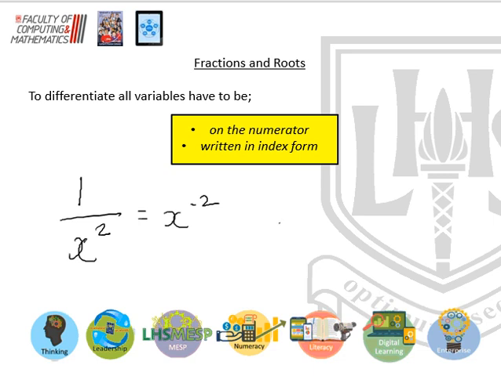The other thing we need to be careful of is we can't have any roots in there. We can't have square roots, we can't have cube roots, we can't have anything with that radical sign there. And what we'll do is look at an example like this where you've got the cube root of x squared. Again from National 5, and this is something that people do tend to forget moving from National 5 to Higher, if you want to rewrite this, remember that the power of the root goes to the bottom of the fraction.